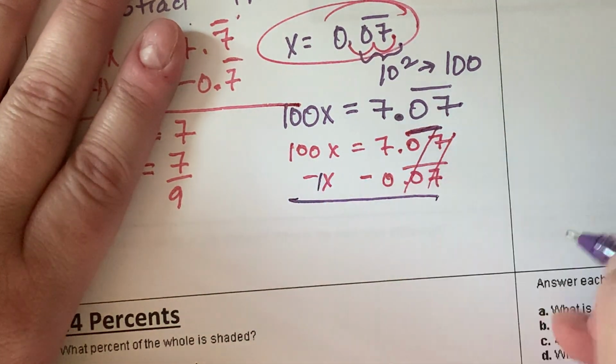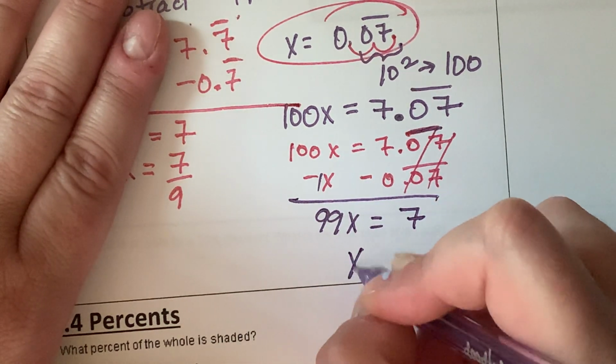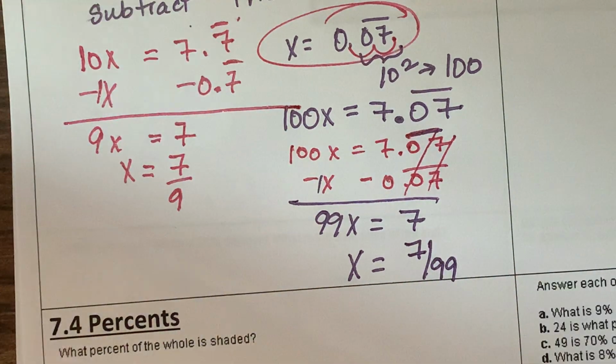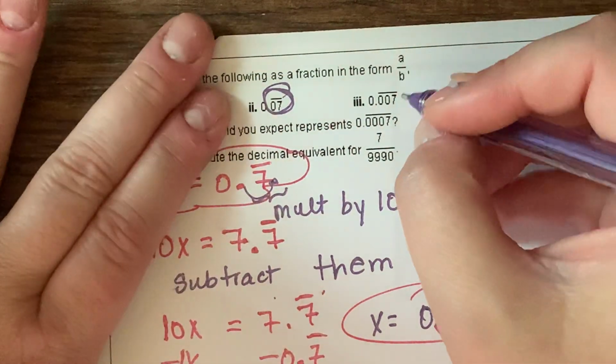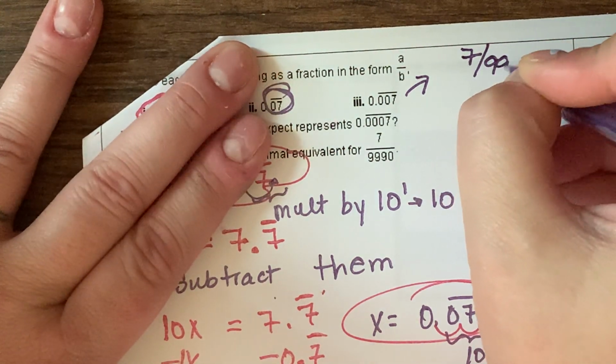And 100x minus 1x is 99x equals 7. And then we get x equals 7 over 99, because you divide by 99. Okay, then the next one is probably going to be the same thing, but 7 over 3 nines.